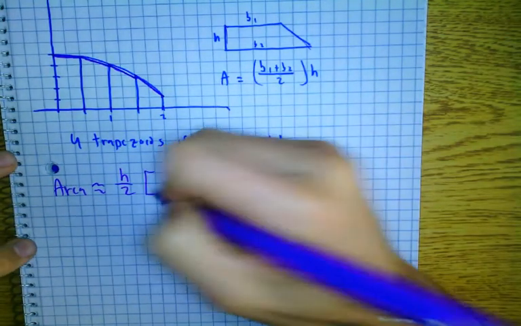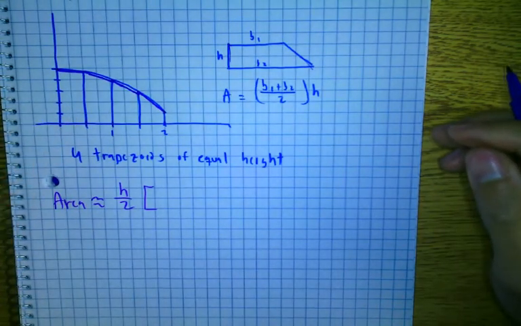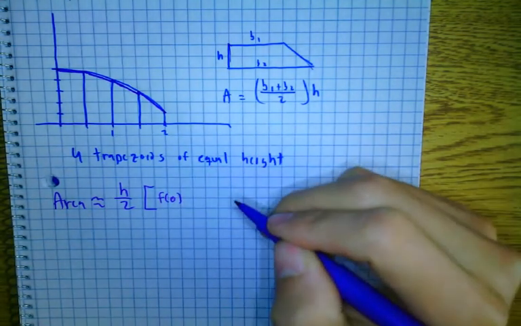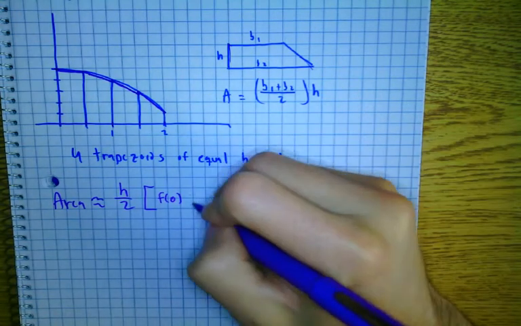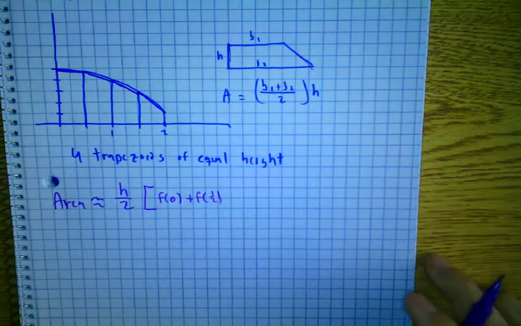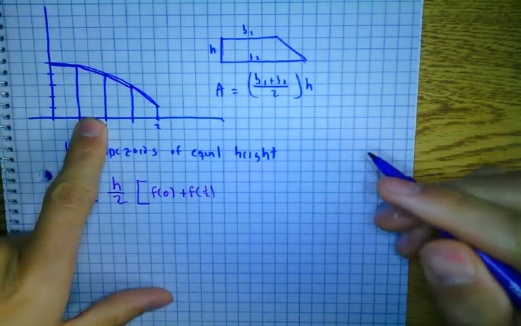Okay. Well, let's think this through. Your very first trapezoid, your base 1 is how much? F of 0, right? And then the second base would be F of 1/2. That's your first trapezoid. Your second trapezoid is what?